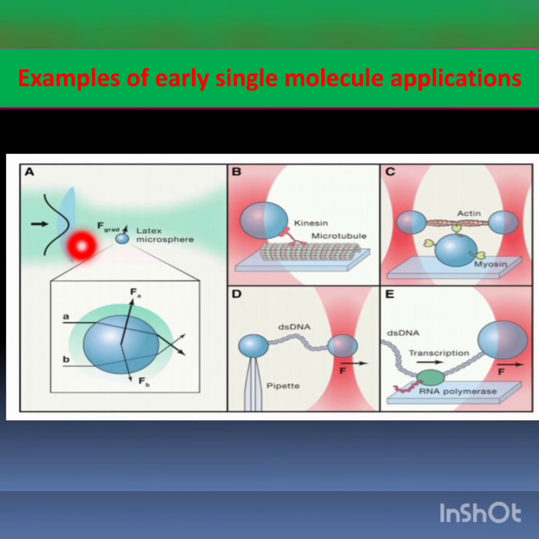Next, the motion of an optically trapped sphere was tracked as it was pulled by a single kinesin motor walking along a microtubule. This revealed that kinesin walks along microtubules in 8 nanometer steps and can generate about 5 piconewtons of force. The next image shows the use of a dual optical trap to determine the mechanical results of ATP hydrolysis by a single myosin molecule.